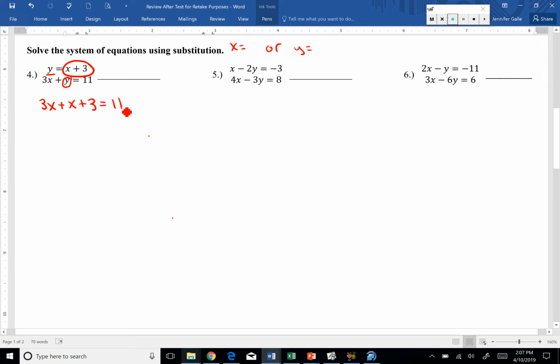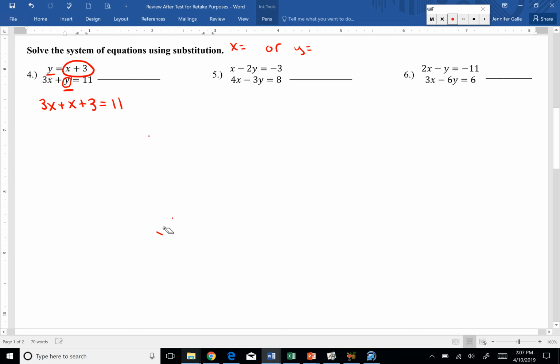I have all x's. If we have all of the same variable in the equation, we can solve that. We did a bunch of solving like that last trimester. The equal sign still stays and the 11 still stays.